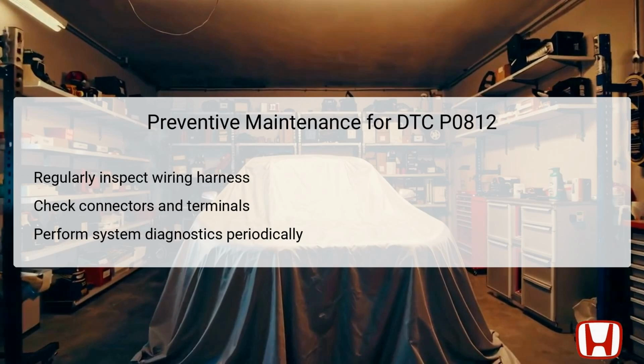Additionally, performing system diagnostics periodically with the Honda Diagnostic System, HDS, can help catch any underlying issues before they escalate into more significant problems. Such proactive measures create an overall healthier electrical system and enhance the longevity and functionality of the vehicle's transmission system.